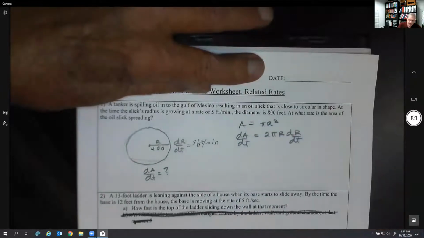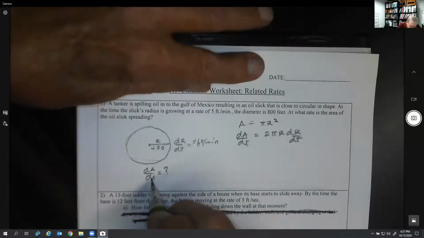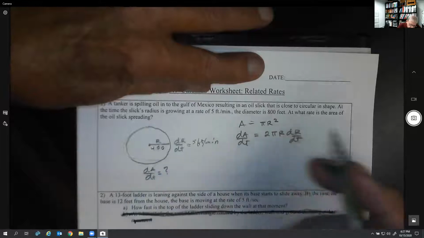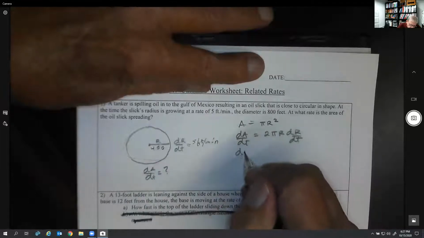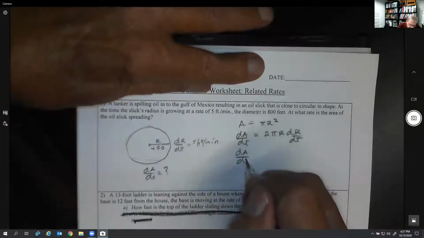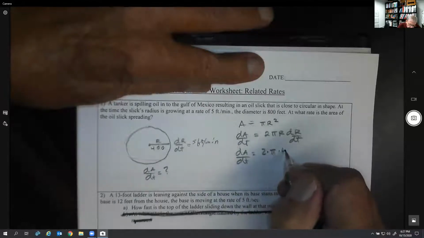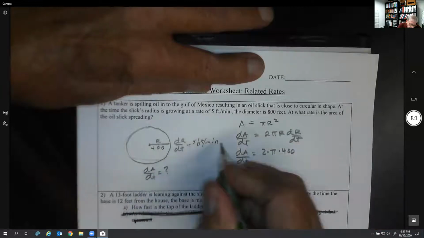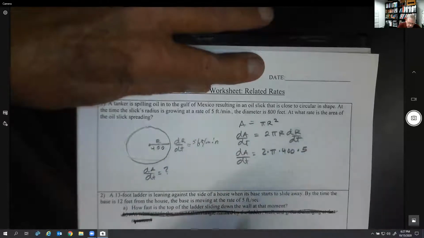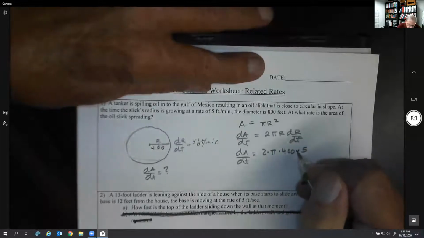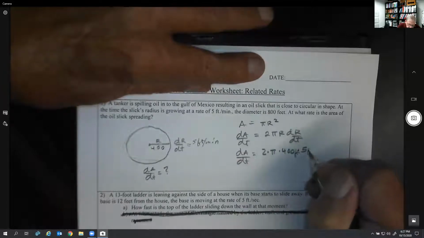Just a matter of substituting in the values we have. Our values are going to be 400 for the radius. So let's write this down again. This will be 2 times pi times 400. And the rate at which it's increasing is 5 feet per minute. So this was the number of feet, and this was feet per minute.